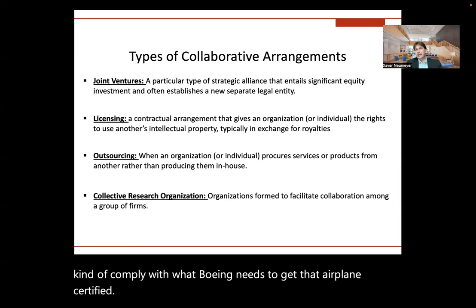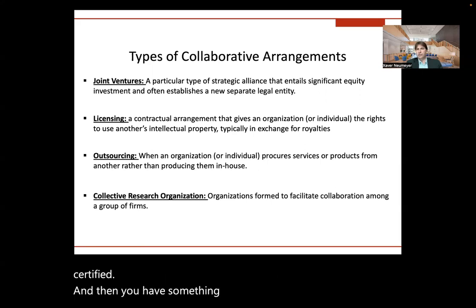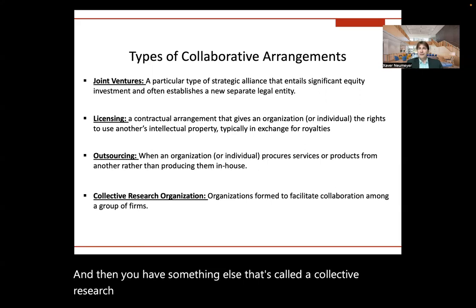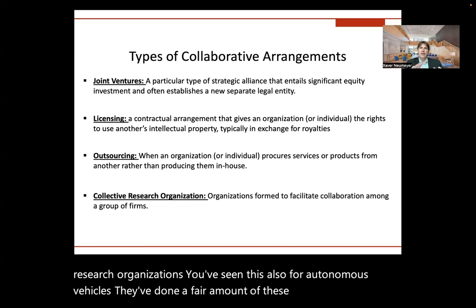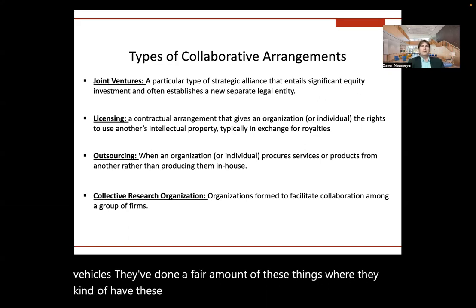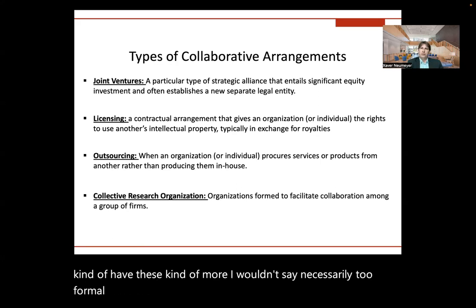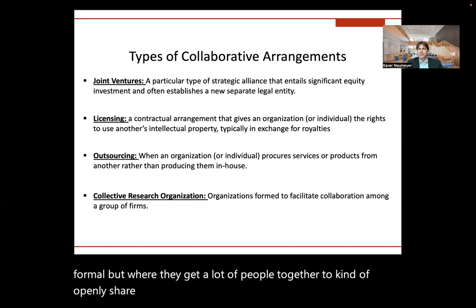And then you have something else that's called collective research organizations. You've seen this also for autonomous vehicles. They've done a fair amount of these things, where they have more, I wouldn't say too formal, arrangements where they get a lot of people together to openly share some insights about the topic.